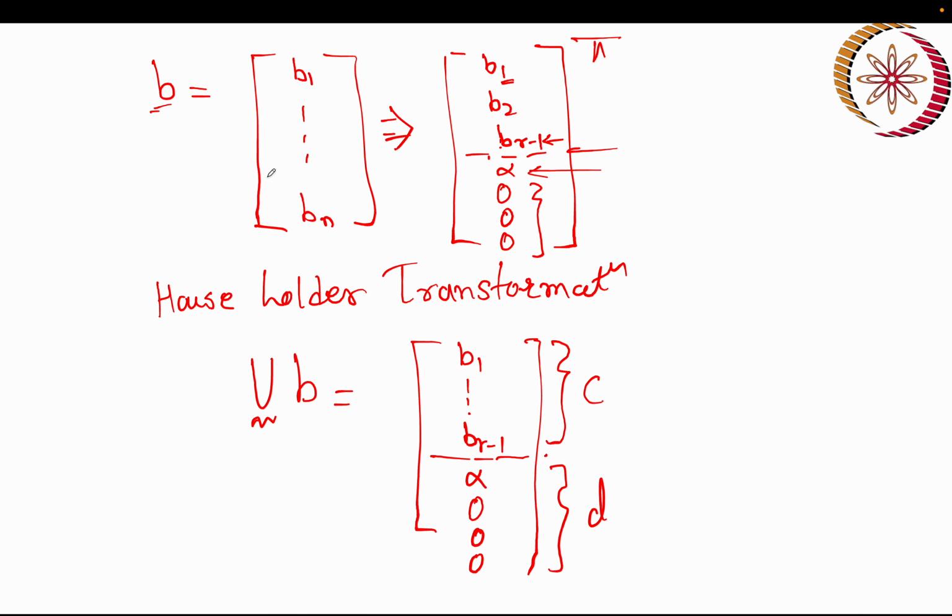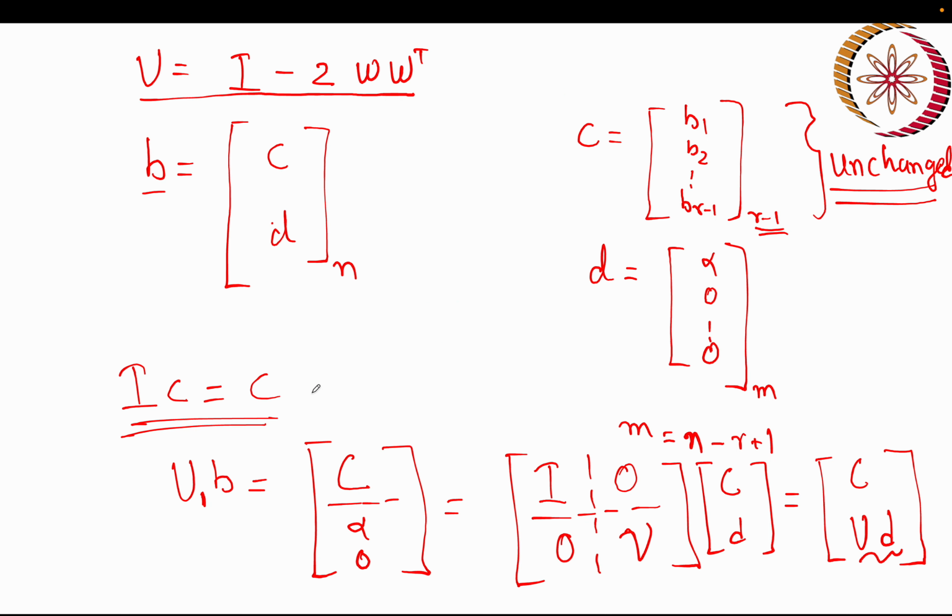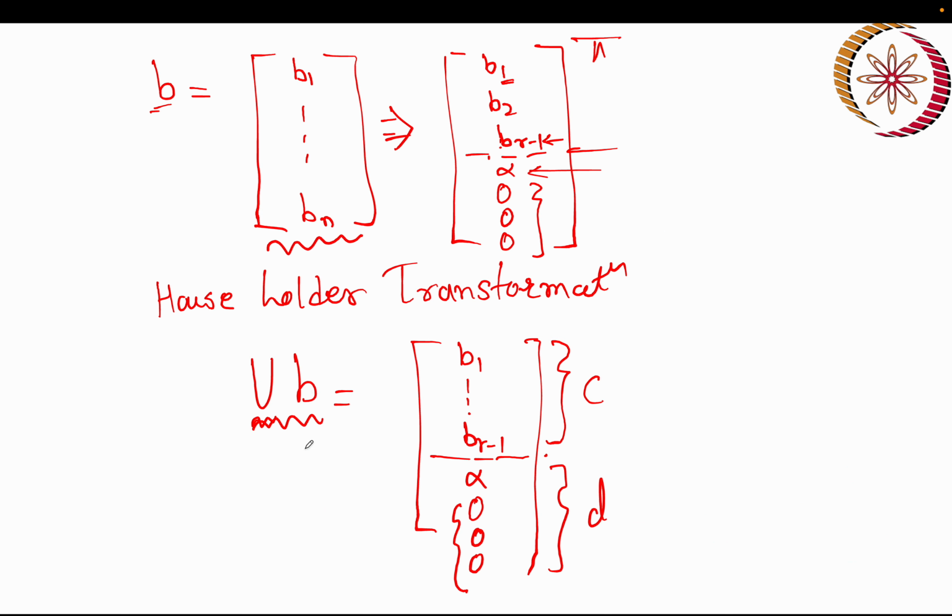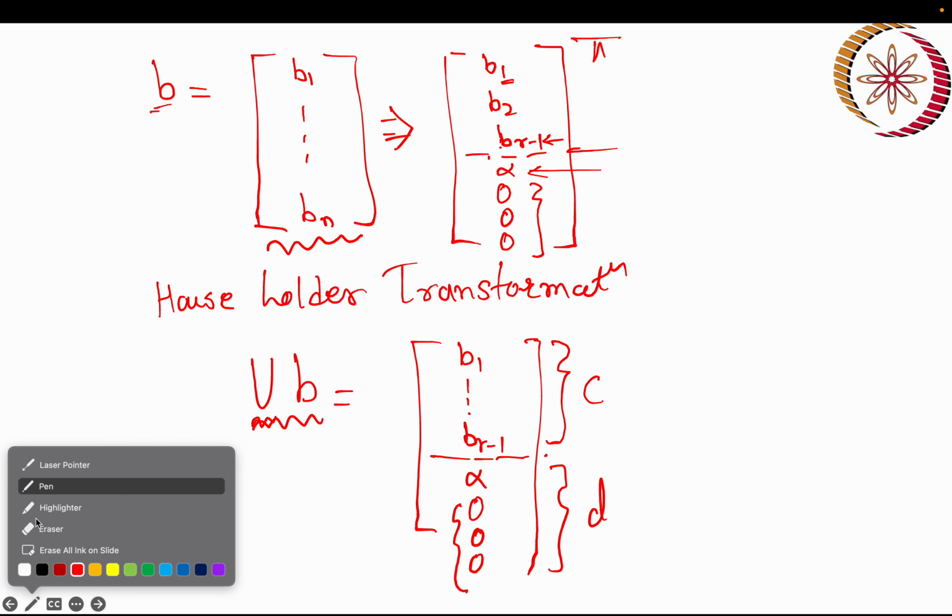So this b was initially having all the b1 to bn terms, and after multiplying by the u matrix, ub, it is giving this alpha, and then below terms are 0. So this b has created some problem.